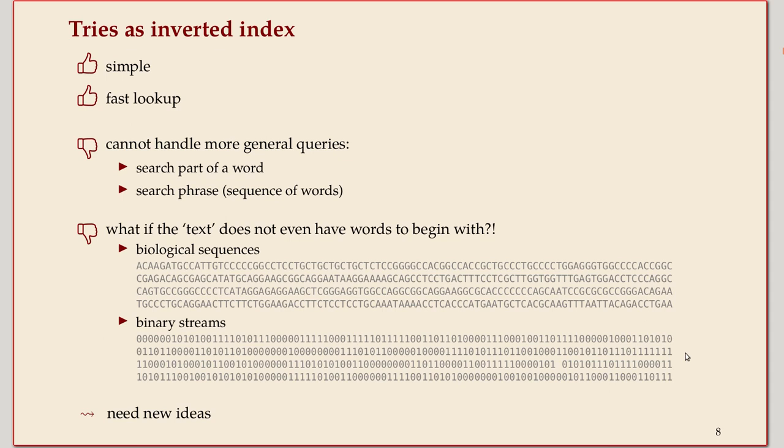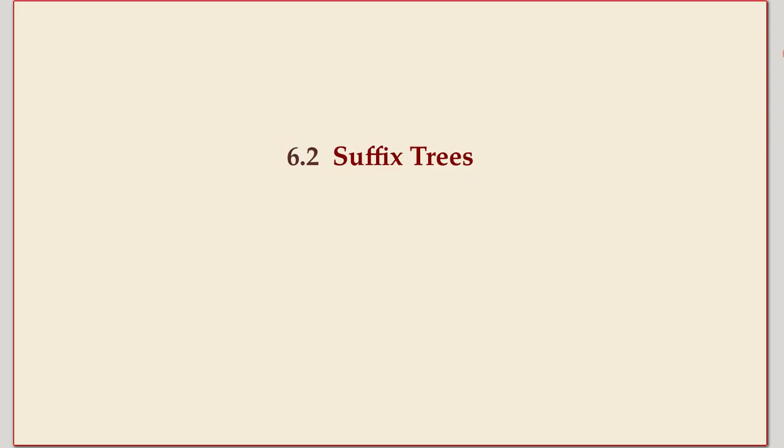There are still important cases where you want to find occurrences of patterns in such texts. So indexing those texts is useful, but we need a different notion of how we can search. And that brings us to suffix trees. But I'll start a new video for the new chapter.